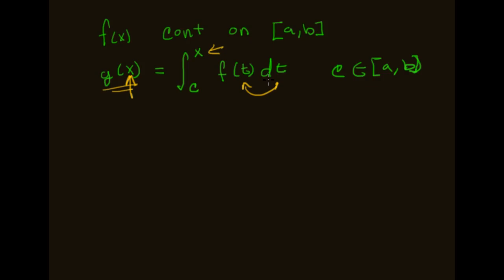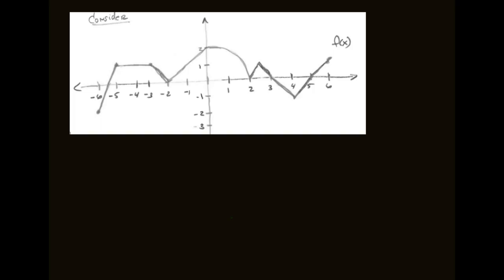It's pretty straightforward, and I can get some values out of this without having to do any anti-differentiation, so long as I have a good graph of the function f, and I can calculate areas from that graph. So let's get a graph of that up.